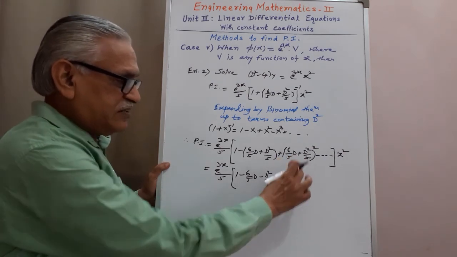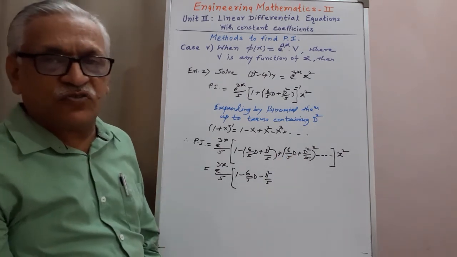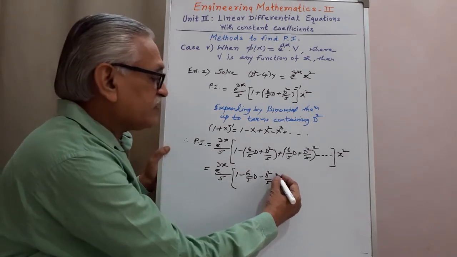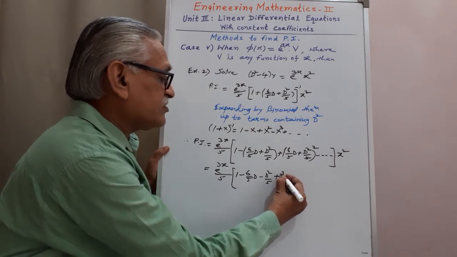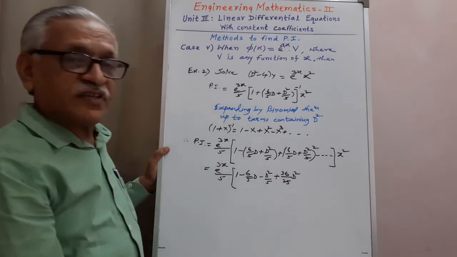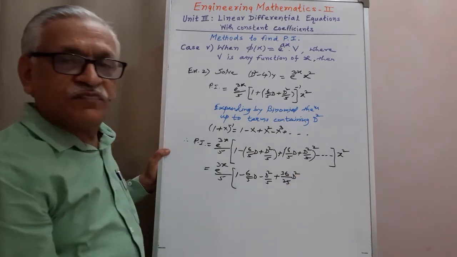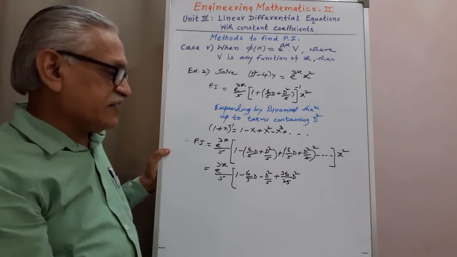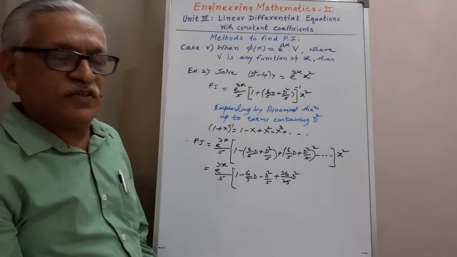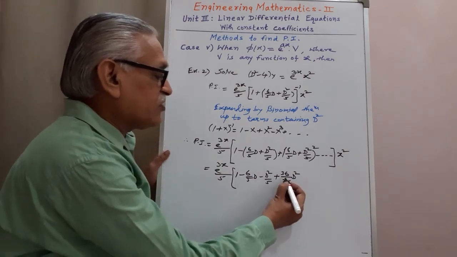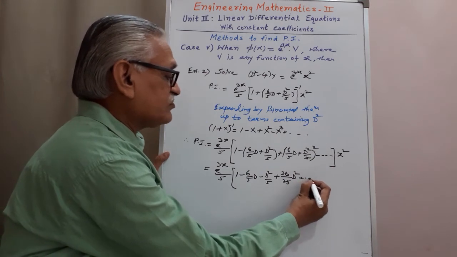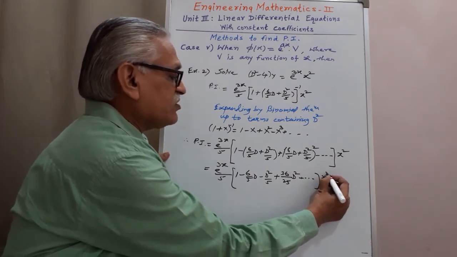Then expanding this bracket by (a plus b) whole square, the terms are a square plus twice ab plus b square. A square is 36 by 25 D square. Twice ab becomes D cube, therefore we neglect that term. B square, the square of D square, is D raised to 4, therefore neglecting that term also, taking only the first term from this expansion, and plus so on, operated on x square.